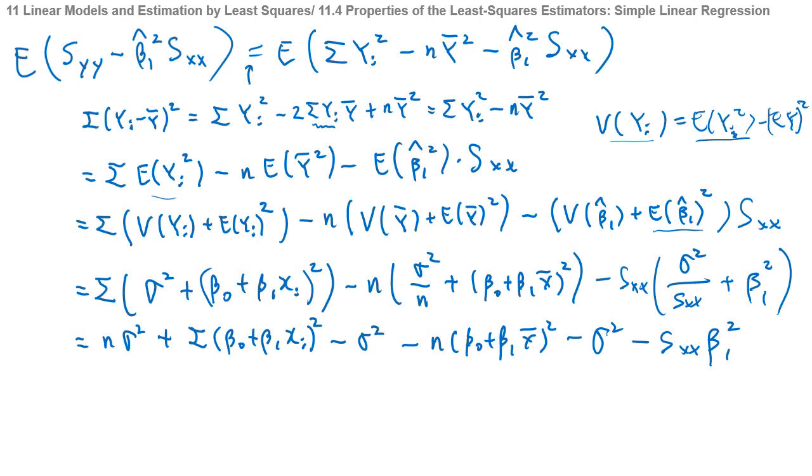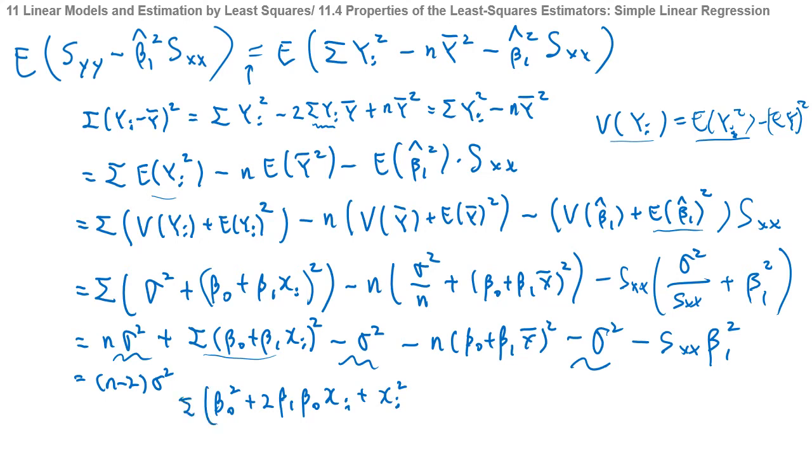Okay, and from here we have n minus 2 sigma square, and what else? Let's rewrite this part. So this part is beta 0 square plus 2 times beta 1 beta 0 xi plus xi square.